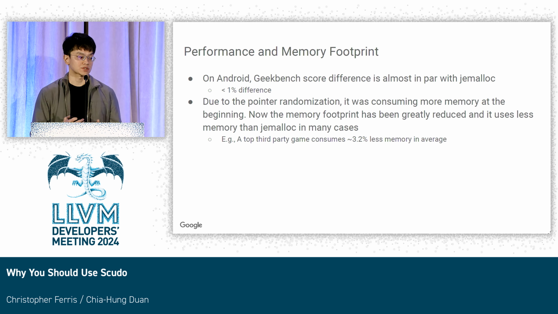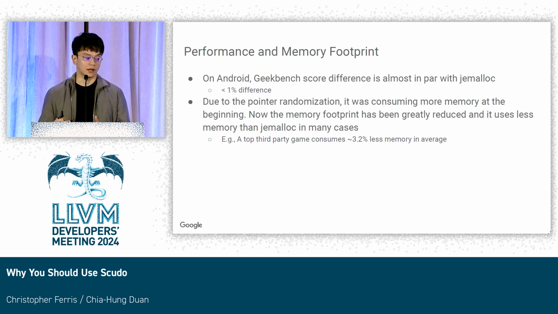Because of the security features, such as pointer randomization, it inevitably consumes more memory at the beginning. Then we put in many efforts to reduce the memory usage. Now I think the memory usage is pretty close, and for some third-party games, it even consumes less memory than Jemalloc.